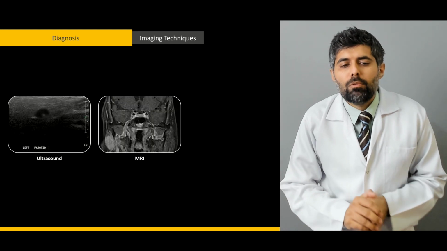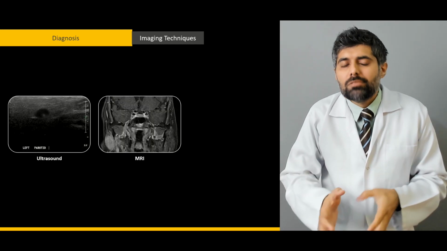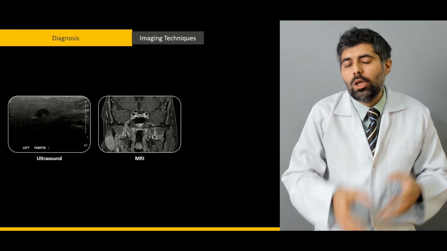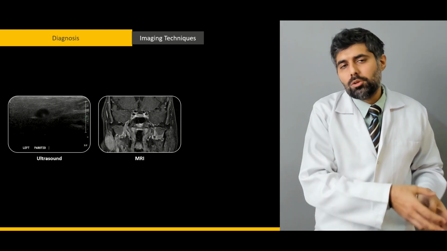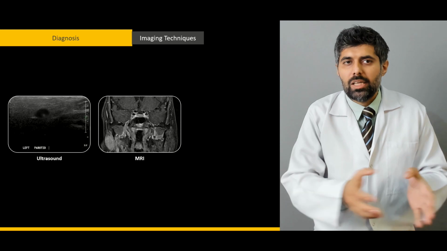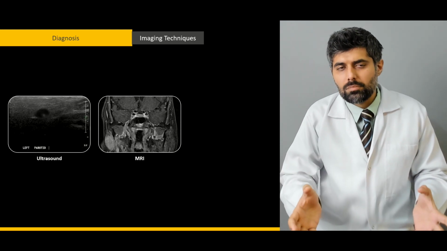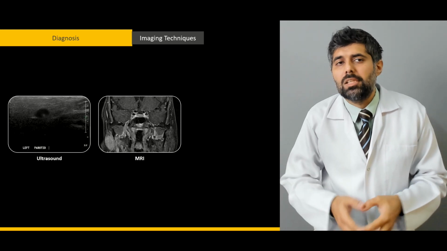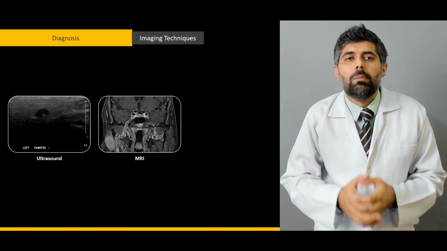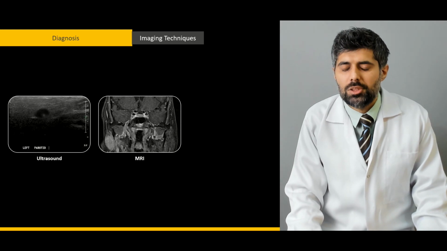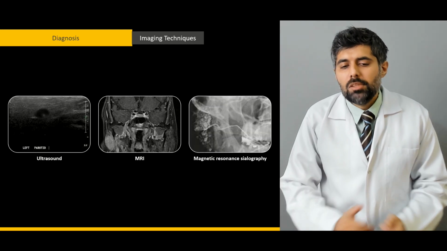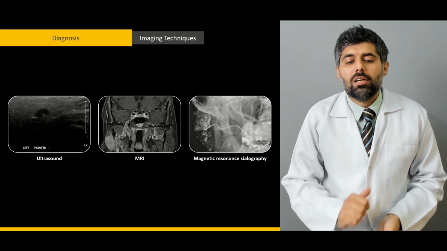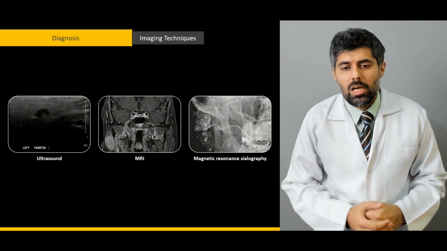We can also perform an MRI to see if the infiltration is only localized to the exocrine glands or if it is extra-exocrine and the infiltration is also happening inside the lymph nodes or maybe some other structures. Next, we can even perform magnetic resonance sialography.